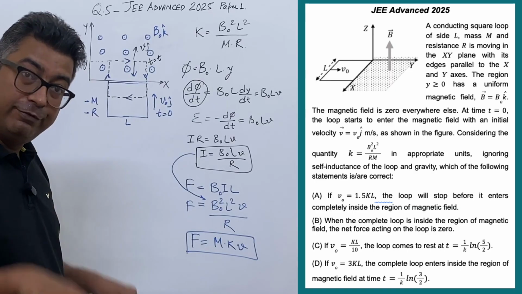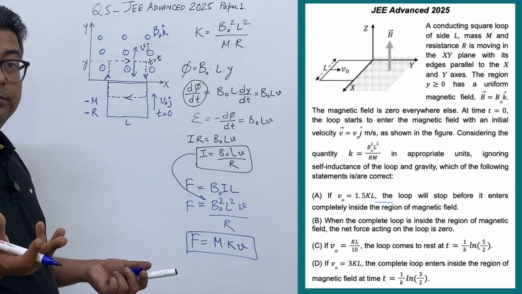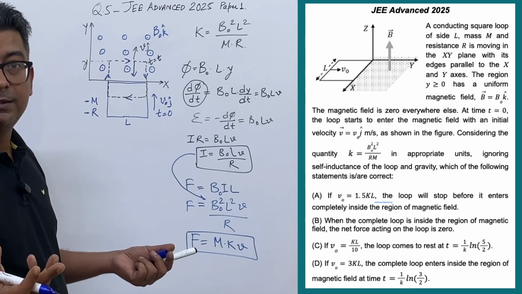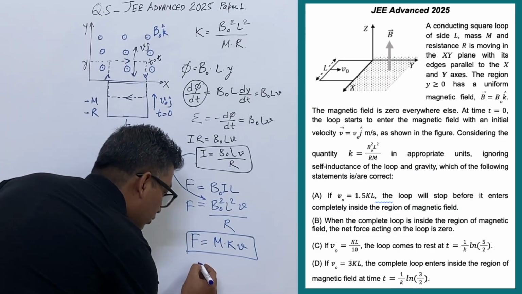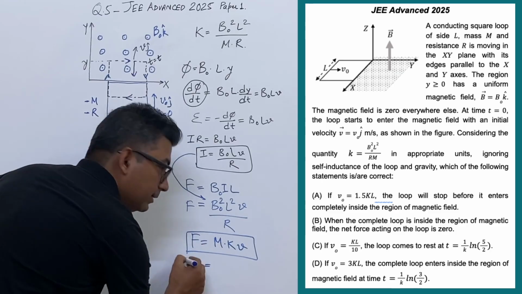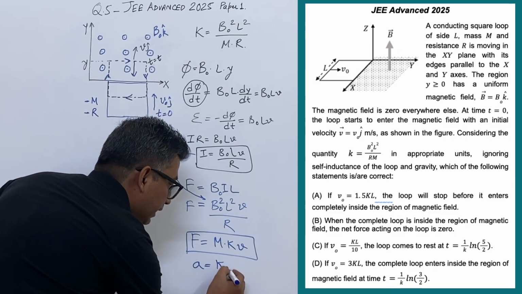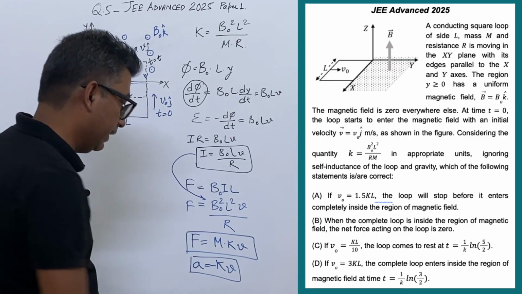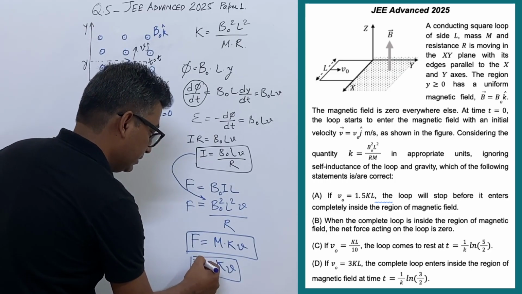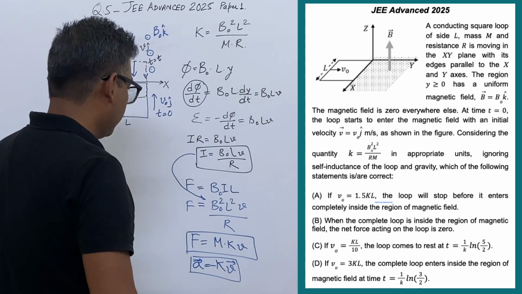So if I have the force, now what? I will have an acceleration. In this case, it's a deceleration. So what is the value of A? The value of A is F divided by M. So we will get K V by M, and the direction is negative if I take it vector-wise. Okay, great.